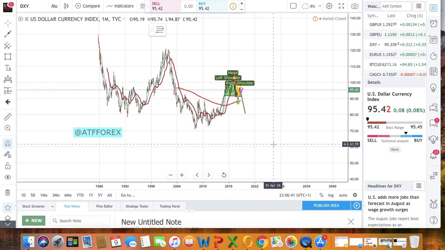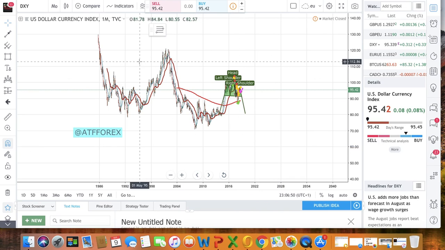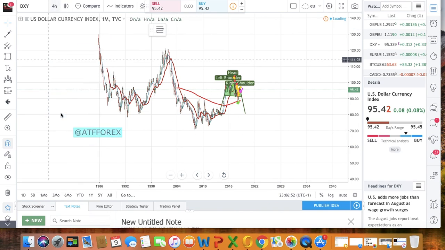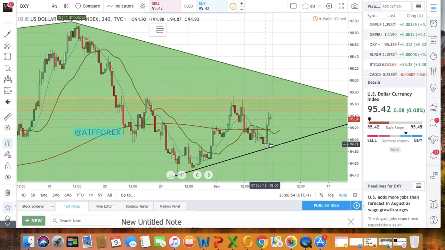So that's the overall perspective. Again, just to give you an update on that one, that's what we see. We're looking at sells in that resistance zone of this head and shoulders, taking us in on the 4-hourly time frame.